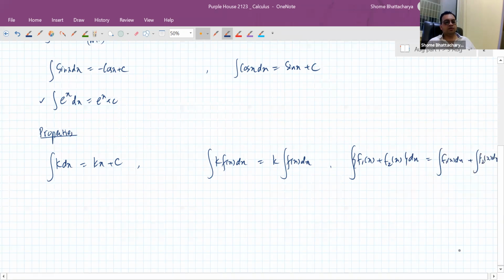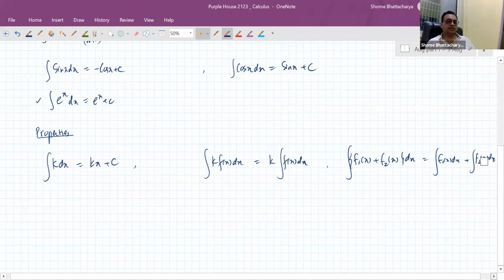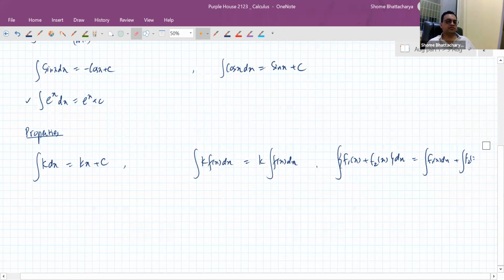So we saw that using these basic formulae and properties, most of these simple types of integrations that we will come across in physics particularly can be handled. Most of the time we will not need anything beyond just this as far as formulae and properties are concerned. So let's do some examples to begin with.